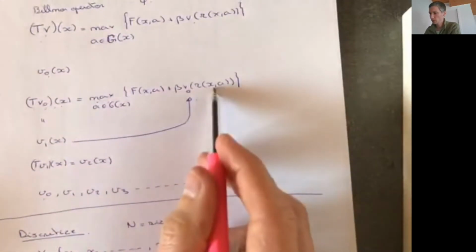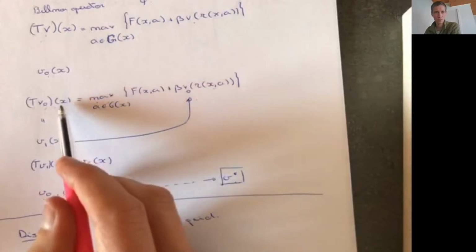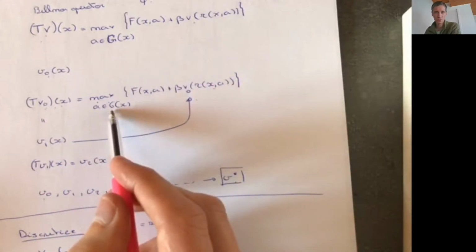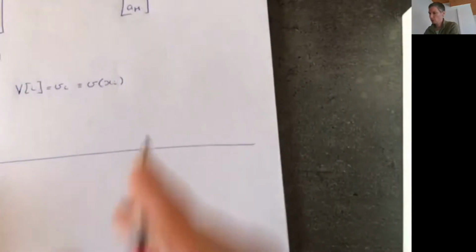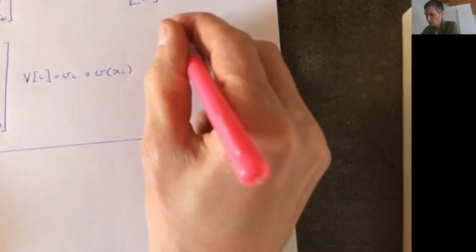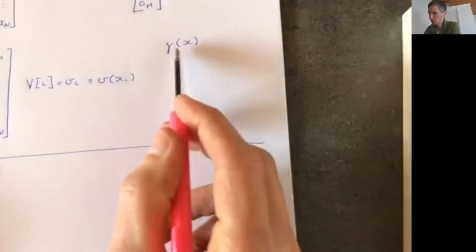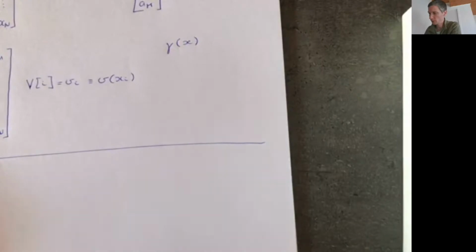So what do we have here? Here we have a state x. You want to solve it, and this gives us an action A. Previously we called this a correspondence gamma of x, which tells you what action to take if the state is x.